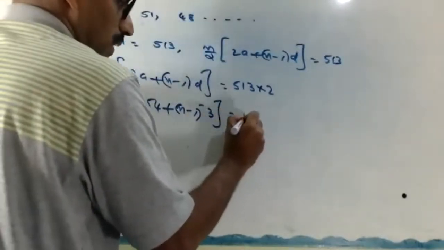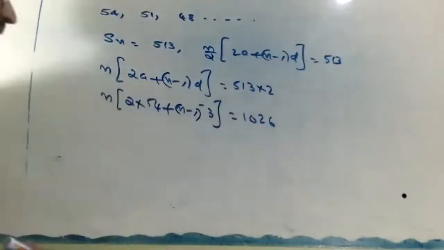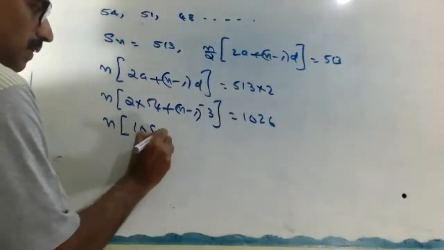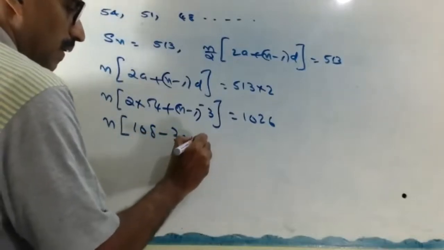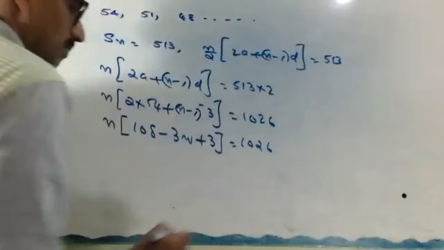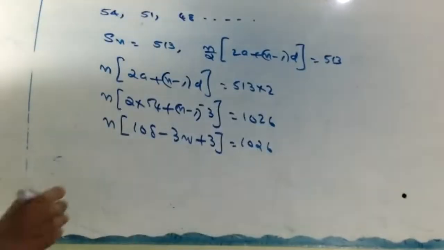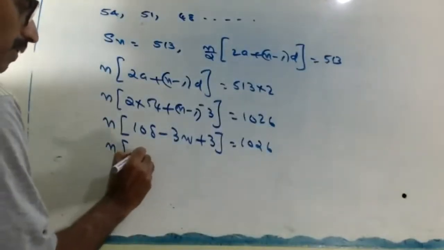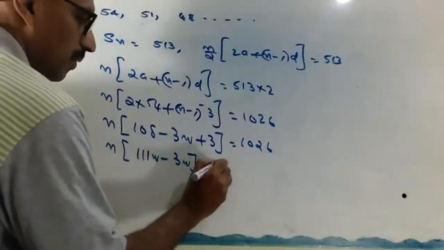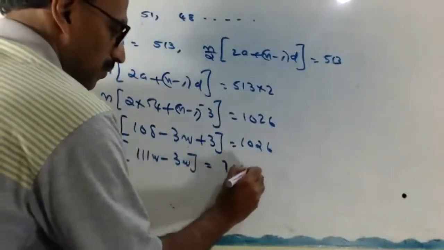equal to 1026. So n into (108 minus 3n plus 3) equal to 1026. Then n into (111 minus 3n) equal to 1026.